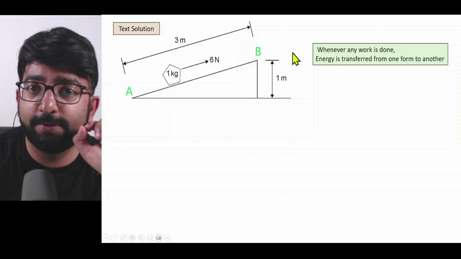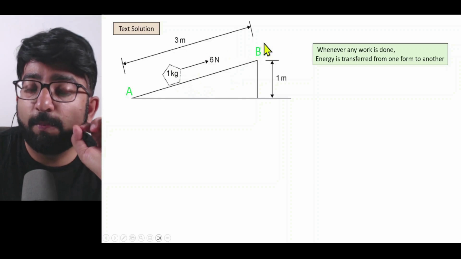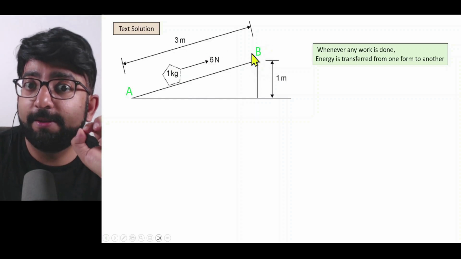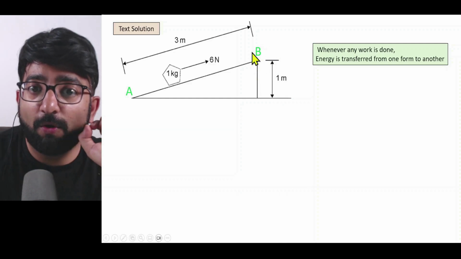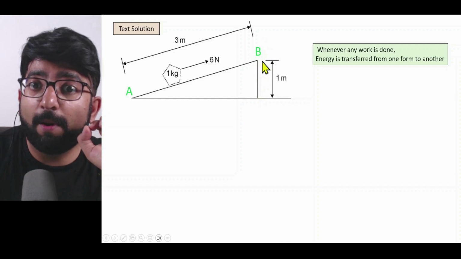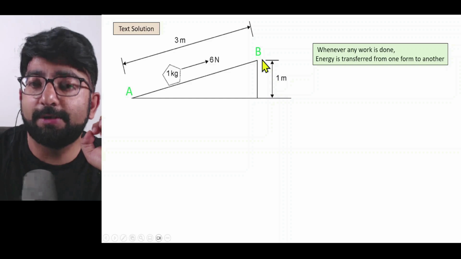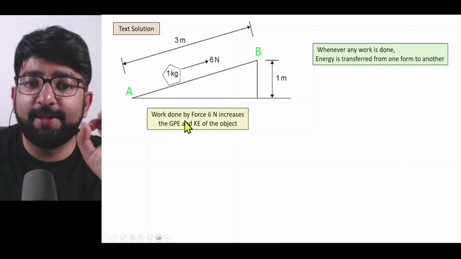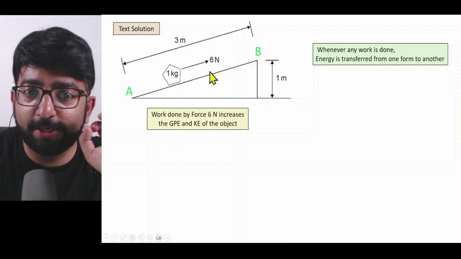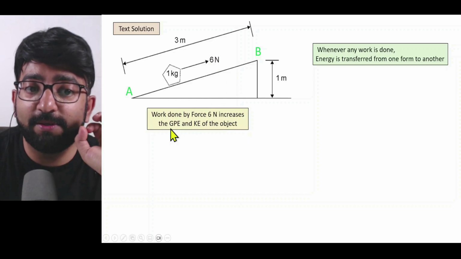And what are those energy forms? The box is going to reach point B with some velocity. So at B, there is a gain in kinetic energy. And also since the object has come above the ground, potential energy has also increased. So now we can say that work done by this force of 6 newtons is going to increase the GPE and kinetic energy of the object.